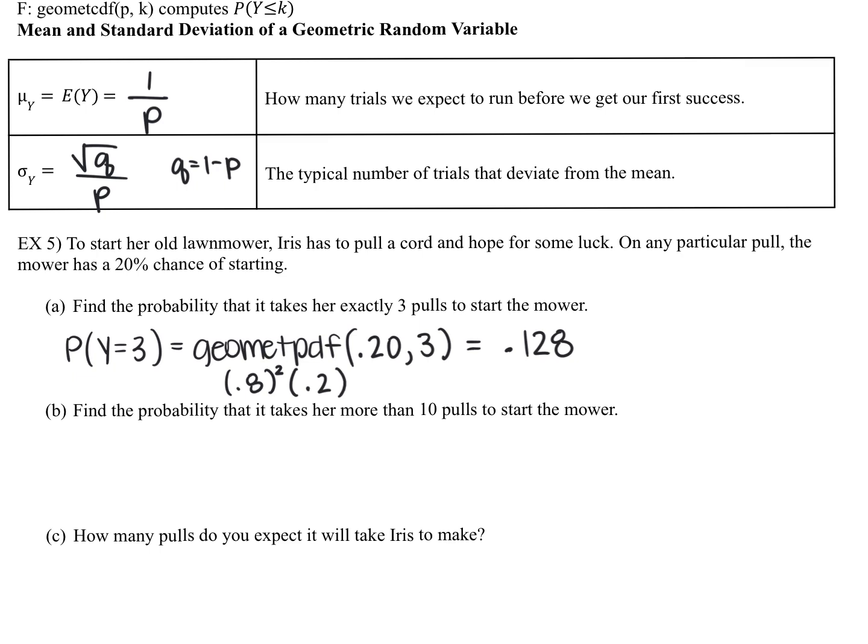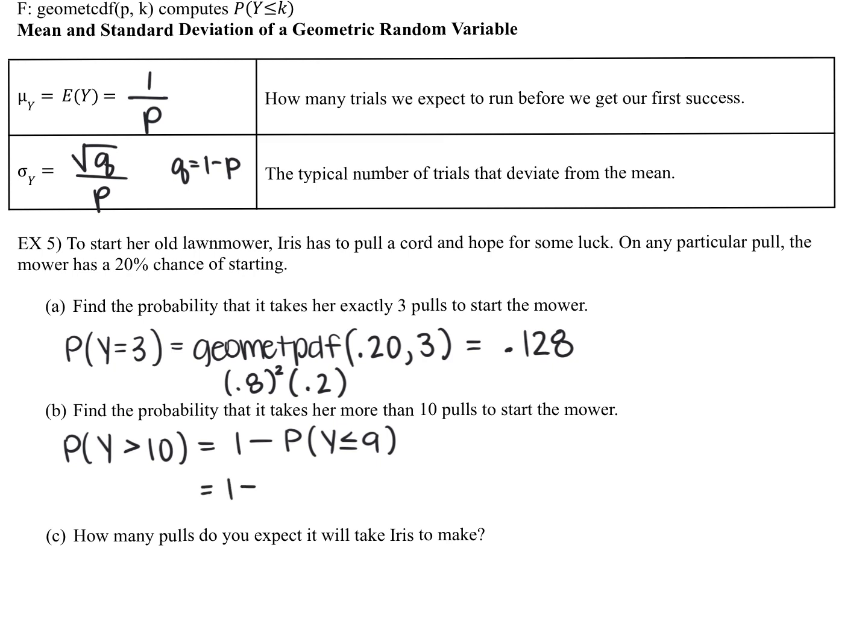For B, we want to find the probability it takes her more than 10 pulls to start the mower. So that's the probability that y is greater than 10. I have to convert this to a 1 minus situation, so I'm doing 1 minus the probability that y is less than or equal to 9.